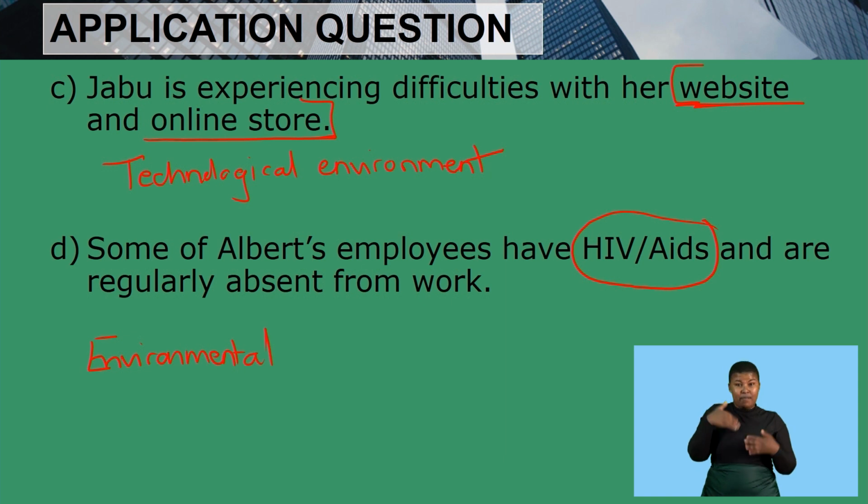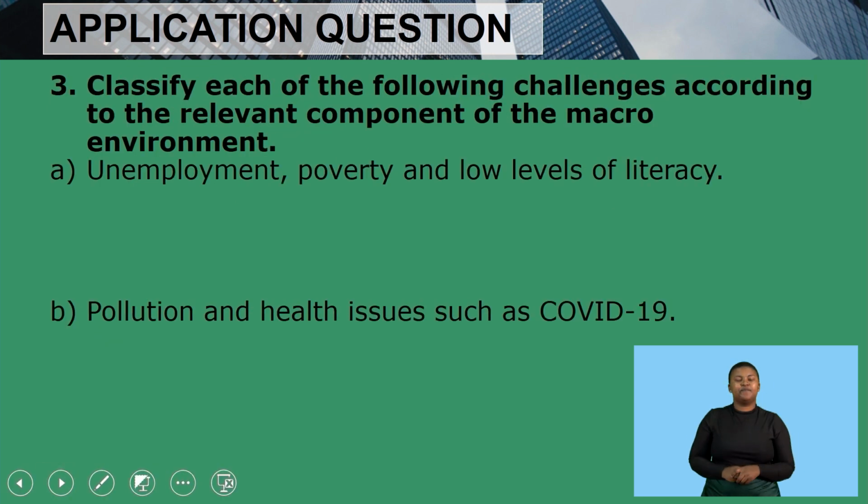Remember, it was health issues and pollution, so environmental then will be our component relevant to this statement. Our answer then being environmental environment. So there we have identified the components that suit each statement.